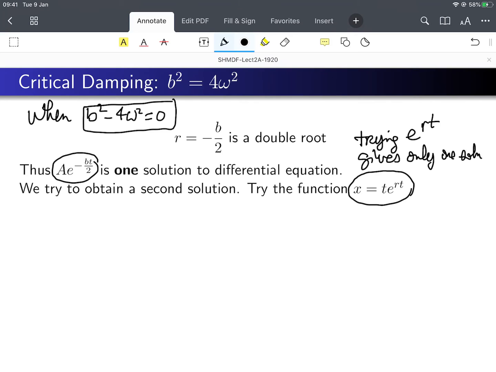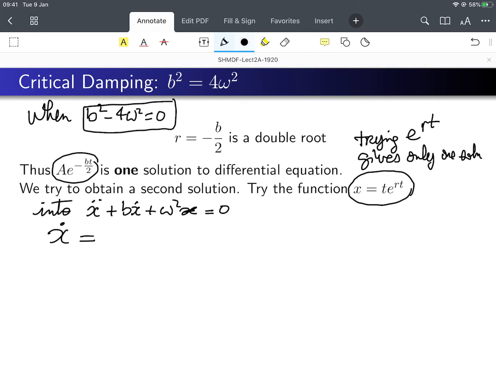I'm going to substitute this into x double dot plus b x dot plus omega squared x equals 0. So x, I have it. I'm going to need x dot, so I just differentiate this. Now that's the product rule.